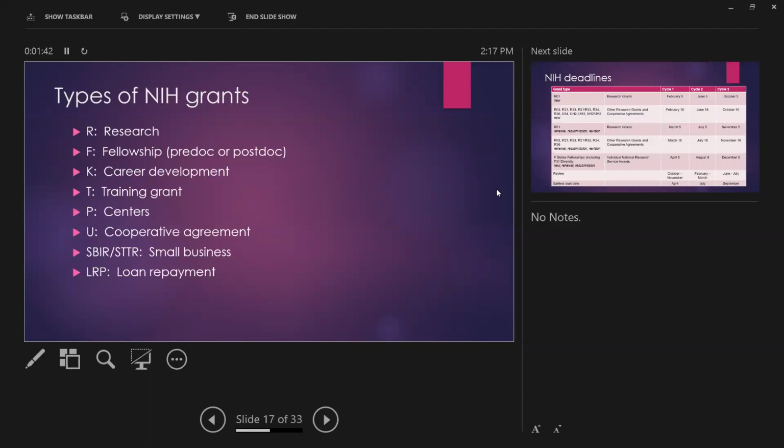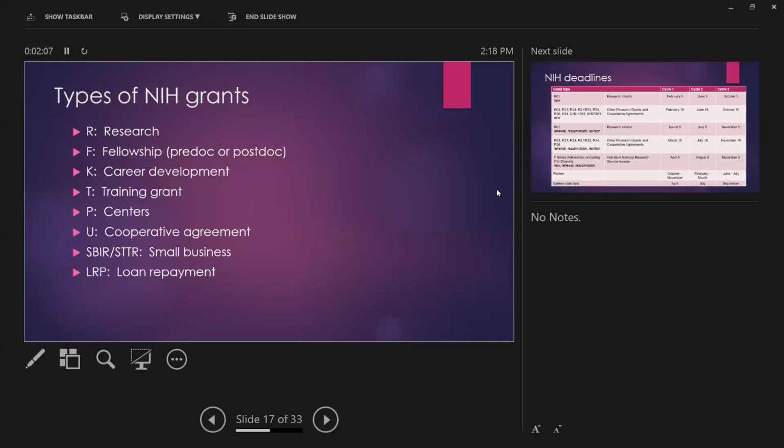Then there are Ks. So you sometimes hear of a junior faculty member getting a K01. That is a grant that still includes training, but it also includes research. So it's similar to a fellowship, but the person is an independent faculty member, so they're not a trainee anymore. They're a junior faculty person doing their first research project, but also being mentored by senior faculty.